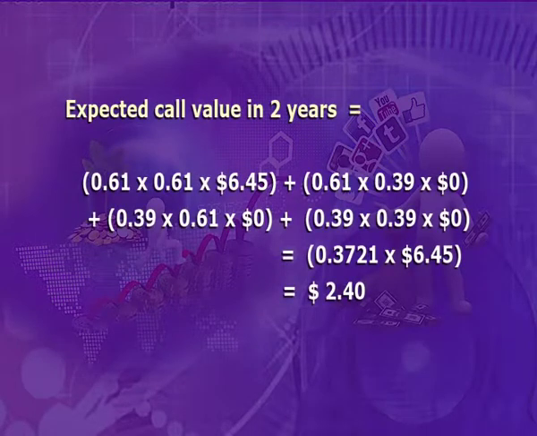Expected call value in 2 years is equal to (0.61 into 0.61 into $6.45) plus (0.61 into 0.39 into $0) plus (0.39 into 0.61 into $0) plus (0.39 into 0.39 into $0), which is equal to 0.3721 into $6.45, which is further equal to $2.40.